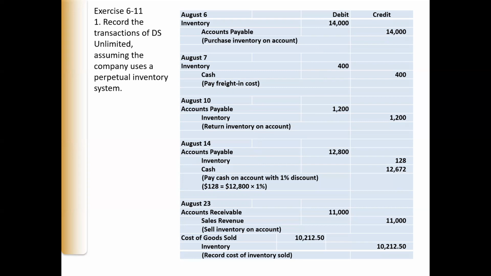Then when we turned around and sold those goods, we're debiting our receivable for 11,000. We're crediting our sales revenue. And then there's an additional journal entry, getting rid of our inventory to show it was sold. We debit our cost of goods sold for 10,000 to 1,250.